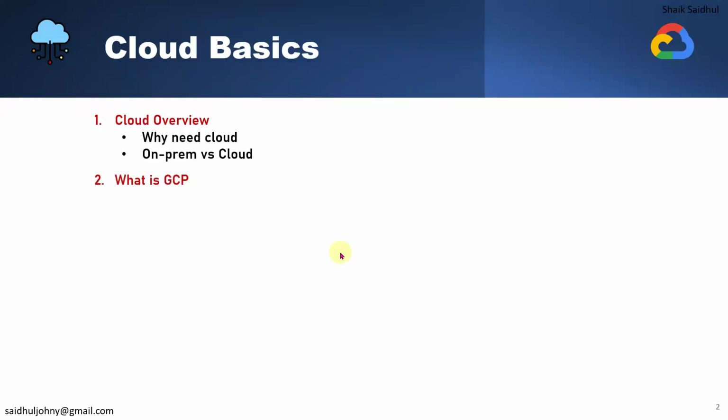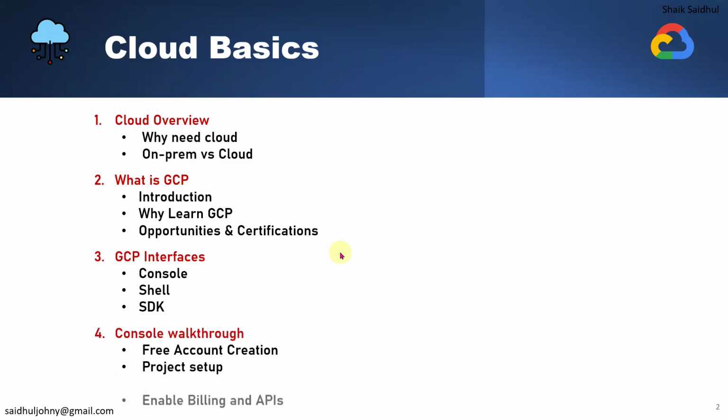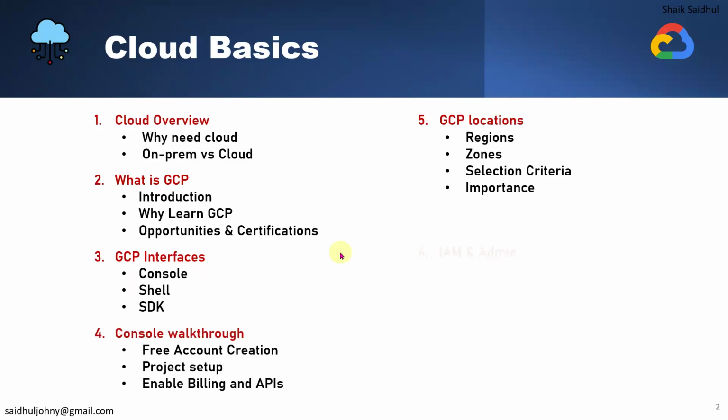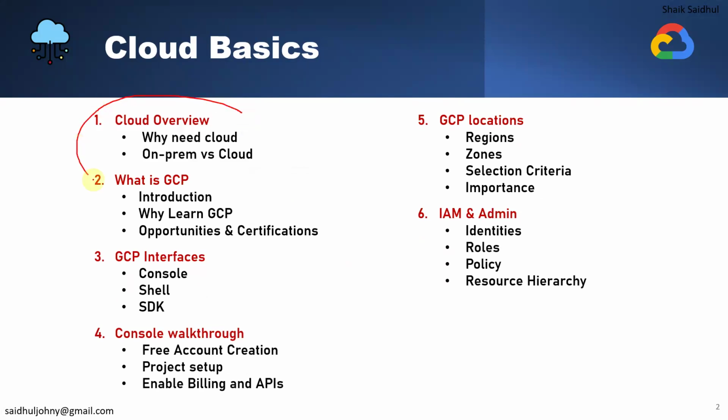And we will also see the Google Cloud Platform introduction and these basics also. Maybe in tomorrow's session, we will see the GCP interfaces, console, Cloud Shell, SDK, and in subsequent classes, we are going to see all of these things. Today, I am going to be more focused on this particular topic, which is a small topic only.